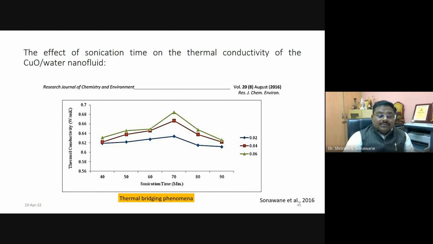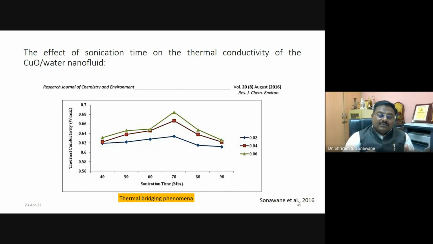But in liquid, thermal convection phenomena exist, but I'm talking about thermal conductivity because of the thermal bridging concept. See, the solid nanoparticle and the molecule of liquid create a bridge with each other. Then the next adjacent molecule of liquid and next particle, next molecule, next particle.